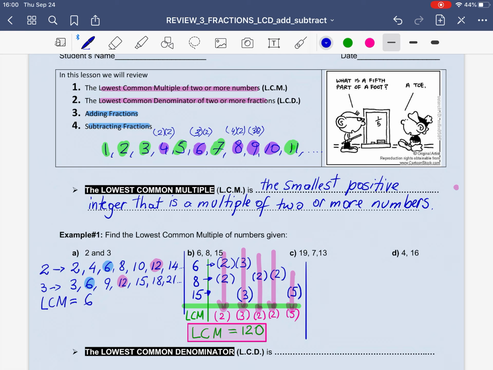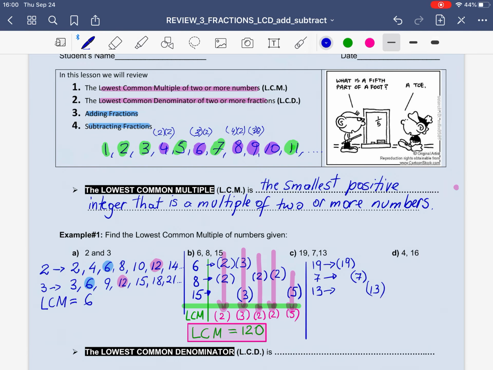So here we have numbers 19, 7, 13. Now you probably notice right away that number 19 can only be 1 times 19, but we don't need to write the factor of 1 because it does nothing. Number 7, it can be just 1 times 7. So number 13, it's just 1 times 13.